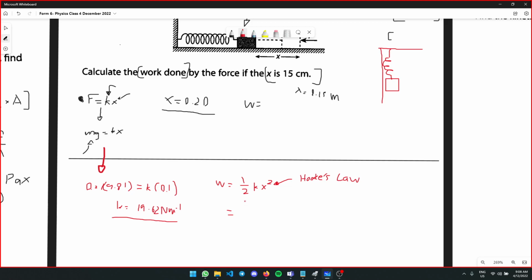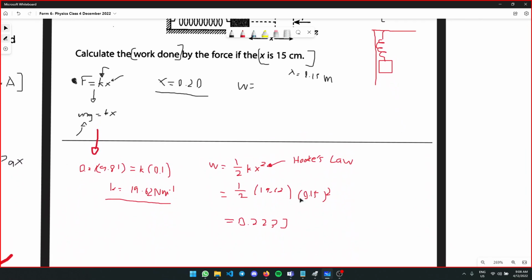So here you put 19.62, and then they ask to calculate the work done if X is 15, so here you put 0.15. In the end, I think you should get around 0.223 joules. Is it?